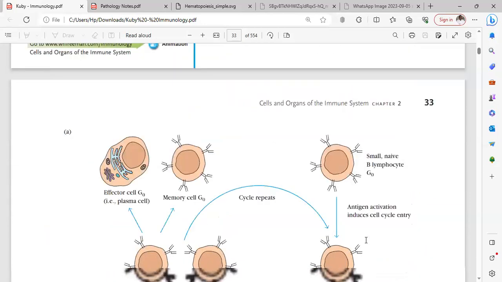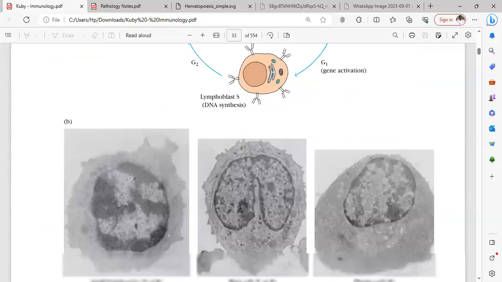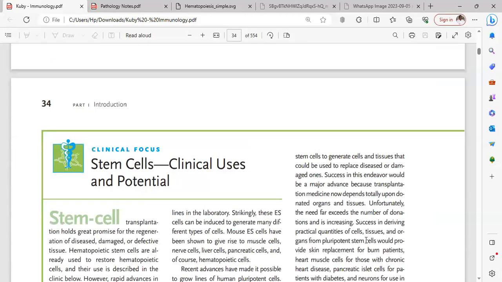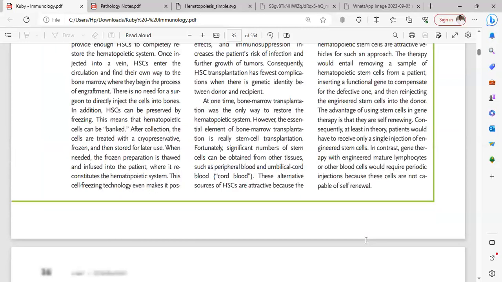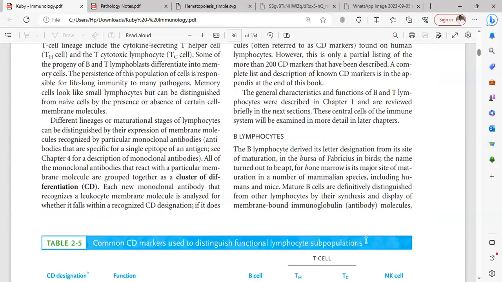So when we go to the B lymphocytes, they mature in the bone marrow, and then after several differentiation series, they form plasma cells, which later on secrete antibodies.